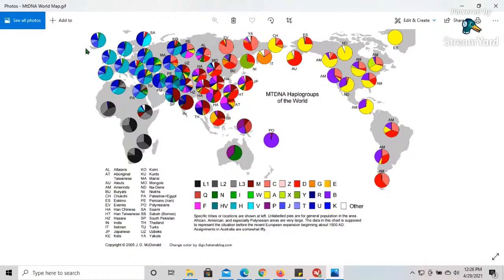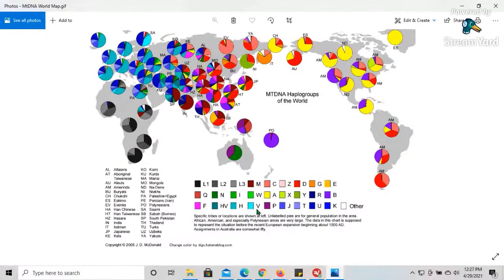Okay, so this area here, you can see the colors here. Notice these light blue colors, the blue colors here, it's all Semitic mtDNA, including the greens and the yellows, and the B purple is over here. But all these blues and even the greens and the yellows are Semitic mitochondrial DNA.